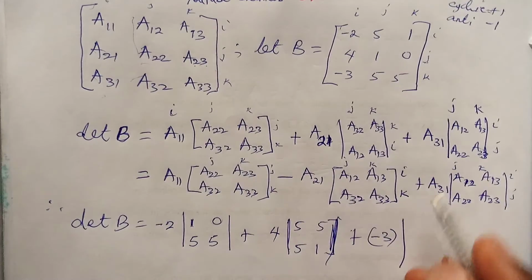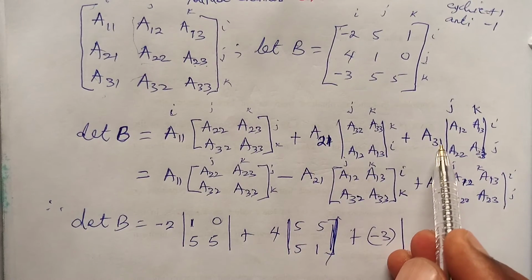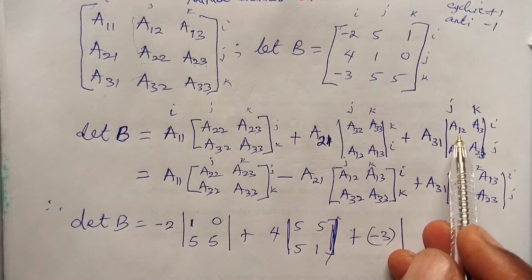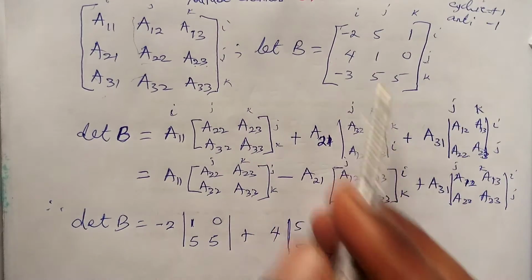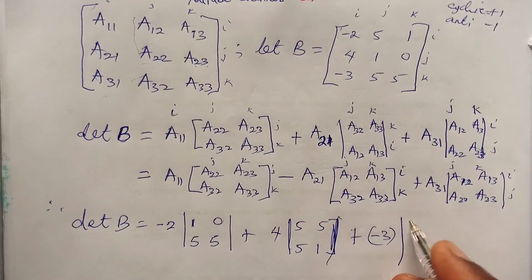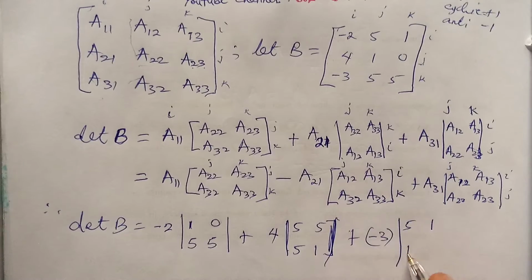Then A31 minus 3, then A12, A22, so this one we have 5 1 1 0.